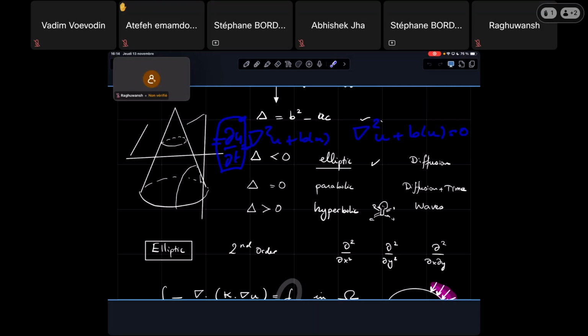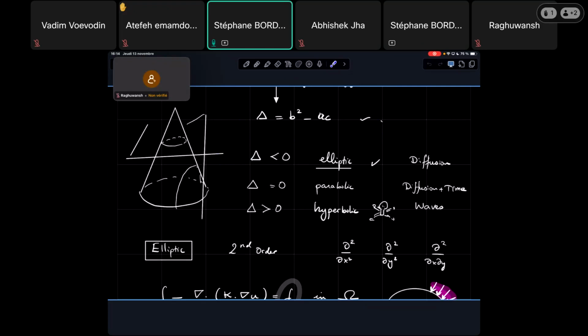And then you have the third case, which is the hyperbolic case. And the hyperbolic case is, you can think of it as waves. So wave equations or transport equations, but yeah, waves. So in that case, you have time and space dependence usually, and the information travels at a certain speed, in a certain direction.